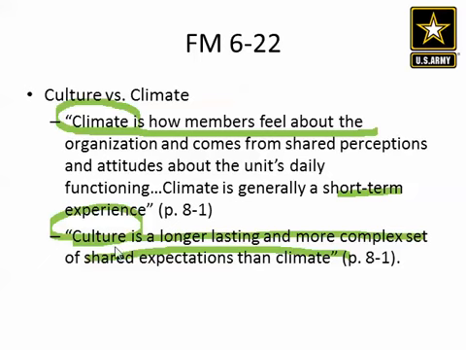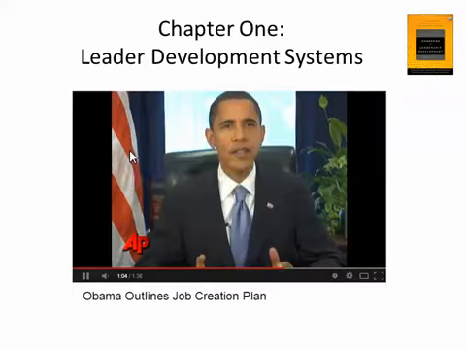The culture of the United States Marine Corps is we just need a few good men and we can do pretty much anything, right? That's the culture of the Marine Corps. The climate, however, is when a new commander takes command. Do they feel like this guy really knows what he's doing, or is he something that may not work out? There's a difference between short-term climate and long-term culture.